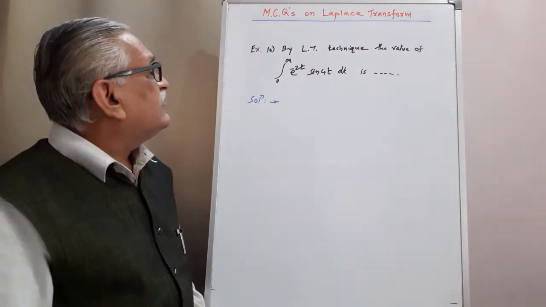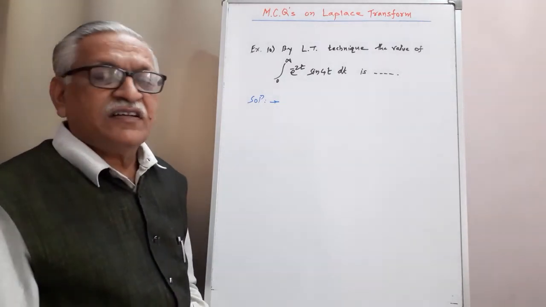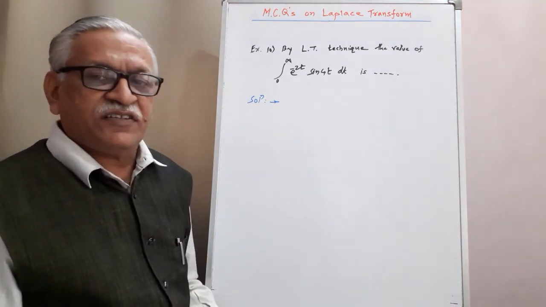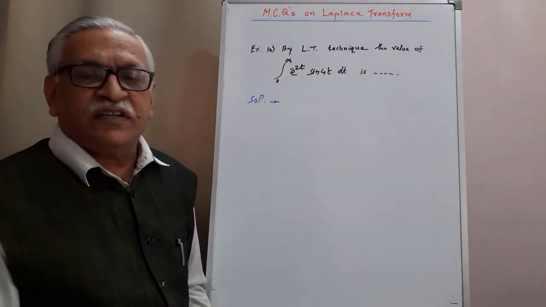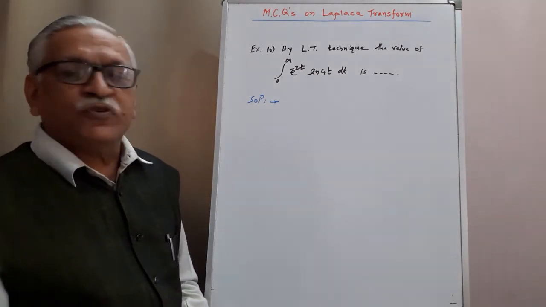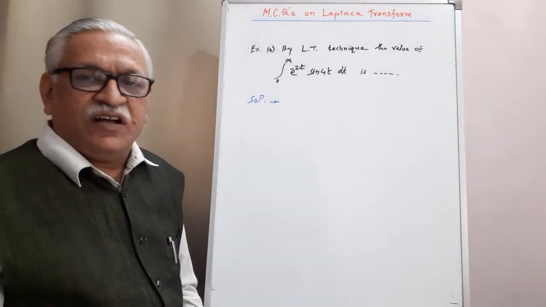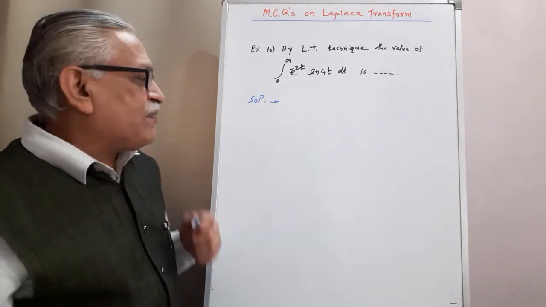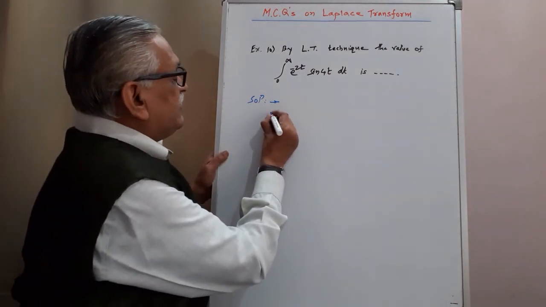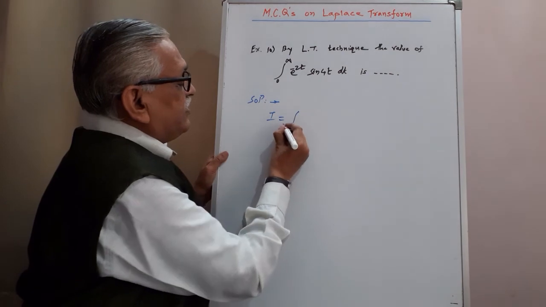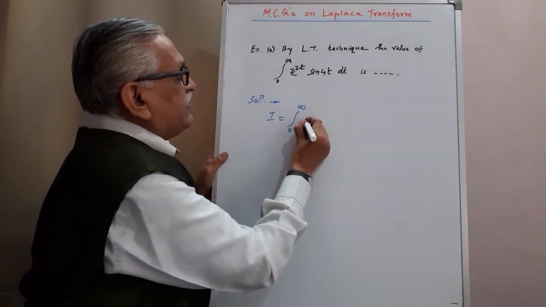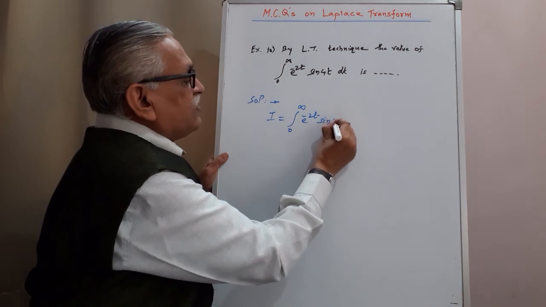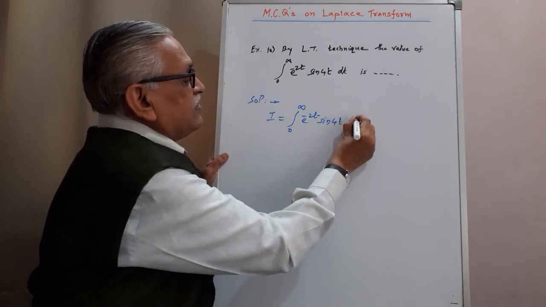Example number 10. By the Laplace transform technique, find the value of the integration from 0 to infinity of e raised to minus 2t sin 4t dt. We can evaluate this type of definite integral by using Laplace transform. Therefore, let I be the integration from 0 to infinity of e raised to minus 2t sin of 4t dt.